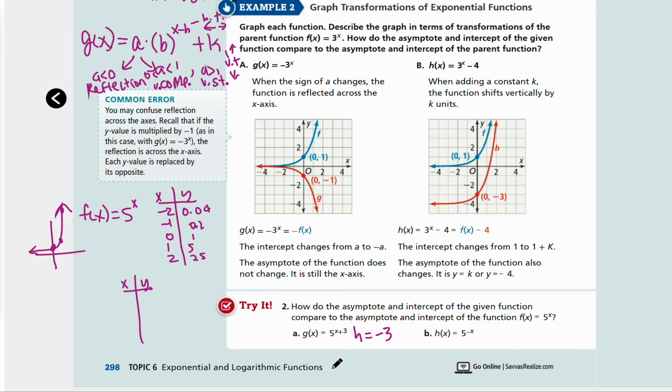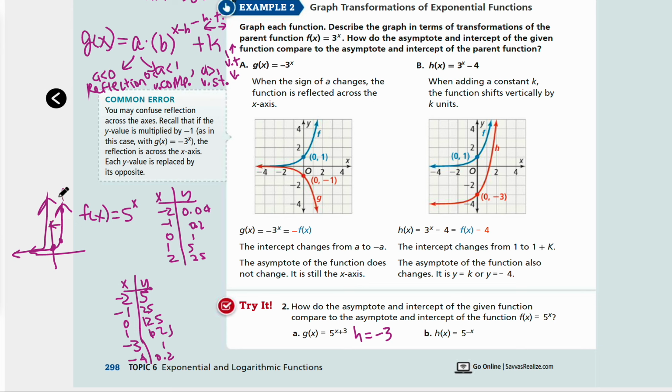And let's see the individual points. When x is -2, you have +3, so 5 to the first power is 5. Then -1, 25; 0, 125; 1, 625; -3, 1; -4, 0.2. You'll see that it moved to the left, where it's a really big number over here for the y-axis, but your asymptote didn't change.